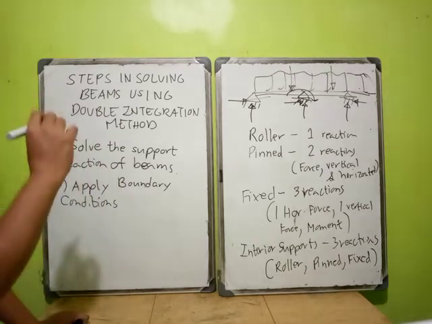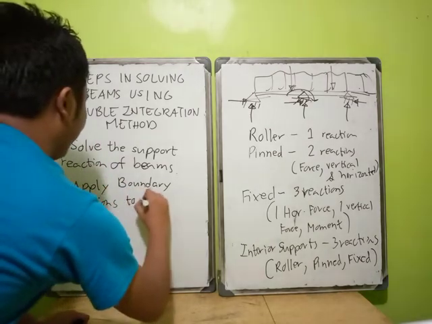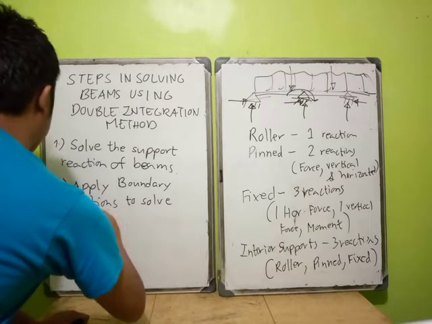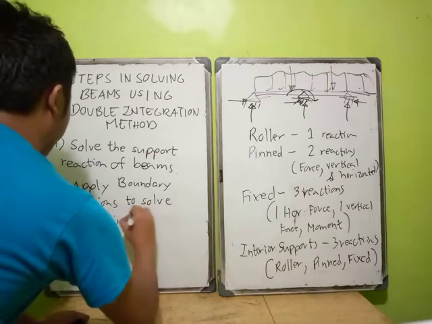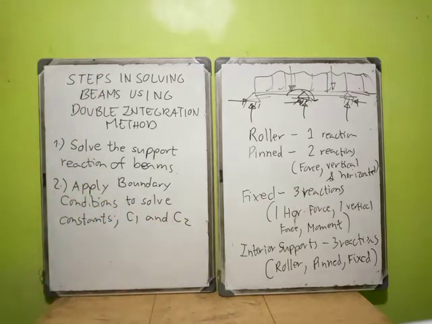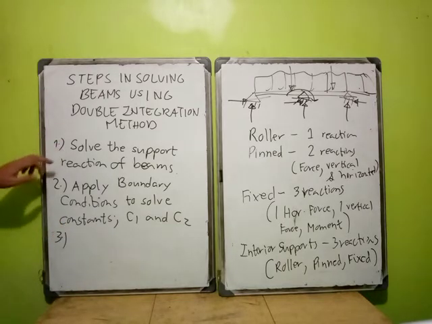We apply boundary conditions to solve the constants, C1 and C2. The main purpose of applying boundary conditions is to solve the constants, which are C1 and C2.